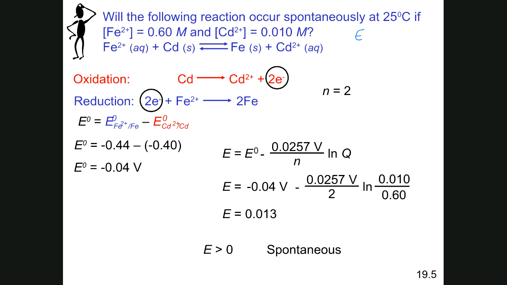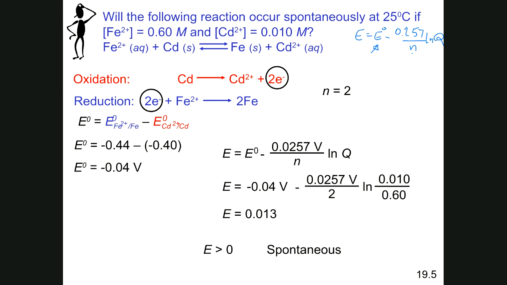We need the E0 for the cell. So we have to find this first. Then it's going to be minus 0.257 over N ln Q. First we are going to find the value for N.